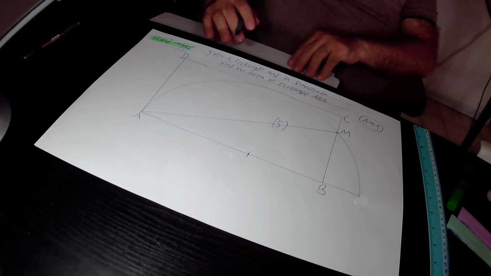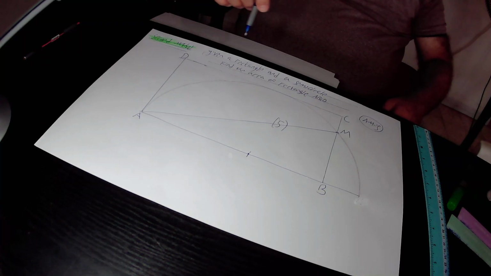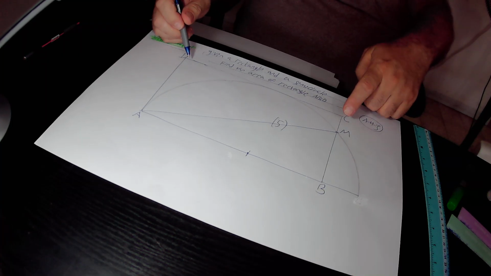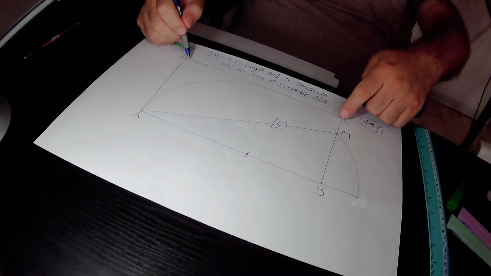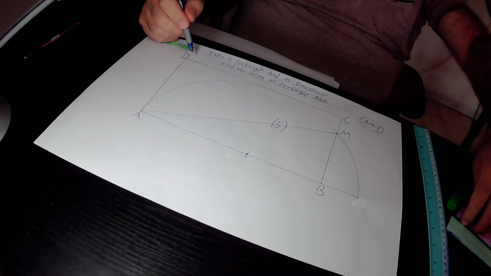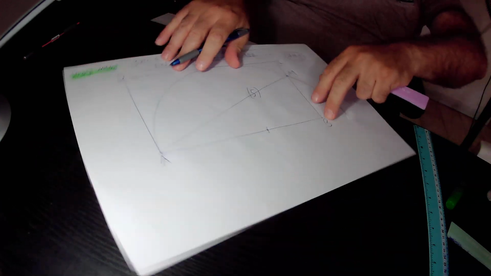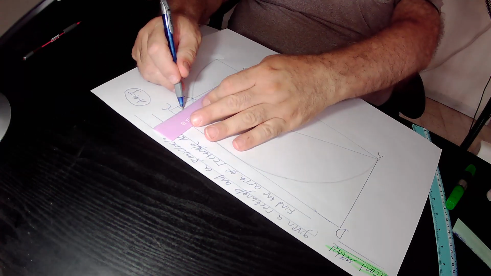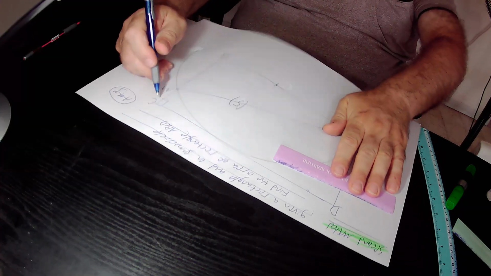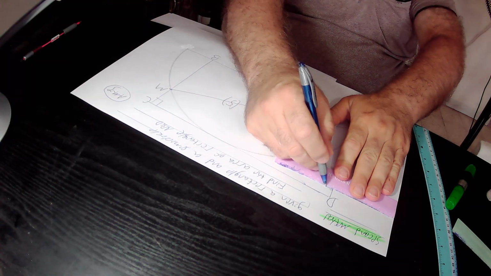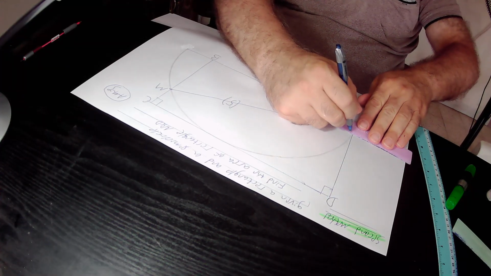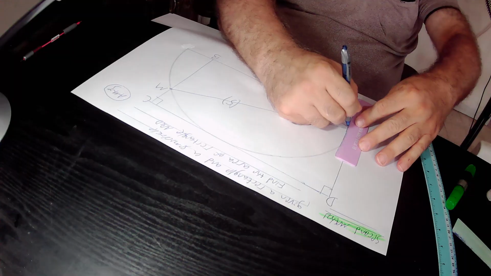First of all, because ABCD is a rectangle, all of its four angles are right angles. See, this is a right angle. This is also a right angle. This is a right angle. And finally, this is also a right angle.